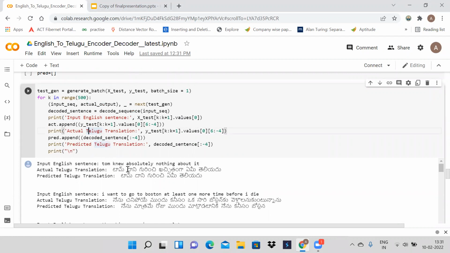After performing the training process, these are the output sentences which are translated into Telugu.